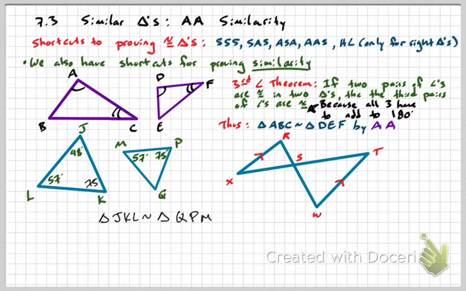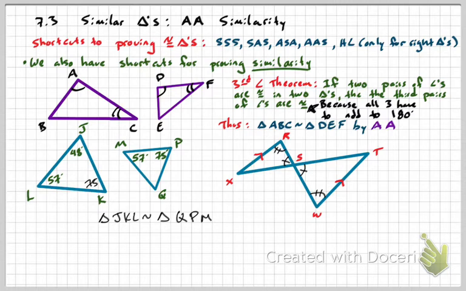So the first pair I can spot is right here, vertical. The next pair you can spot is right here, and that is because of alternate interior angles. Parallel line, transversal. So you also could have said that this angle and this angle are congruent because of alternate interior.